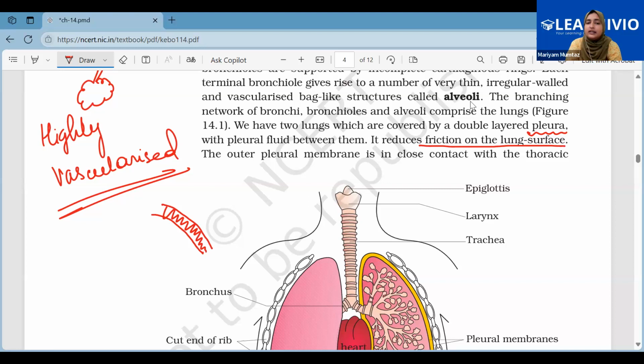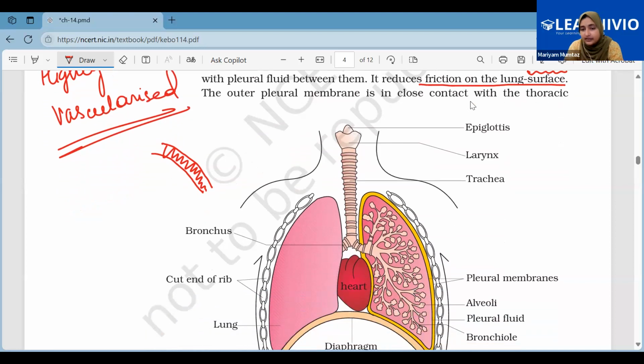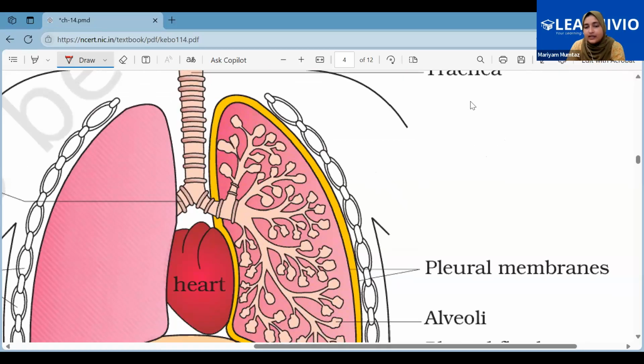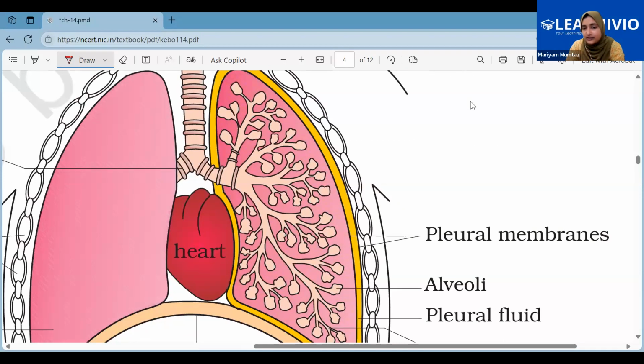Now remember, in this diagram, the outer pleural membrane is this one here and this one is the inner pleural membrane, and the yellow colored thing in the middle is the pleural fluid.